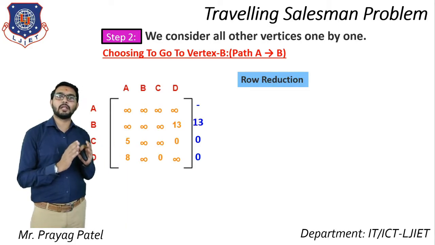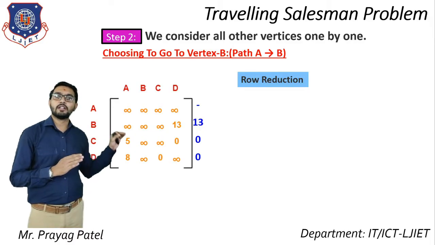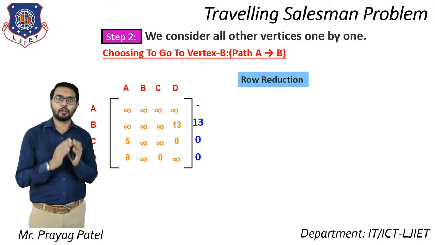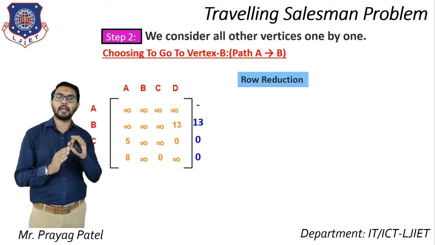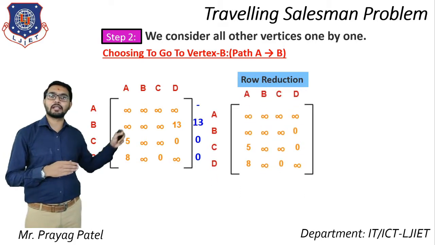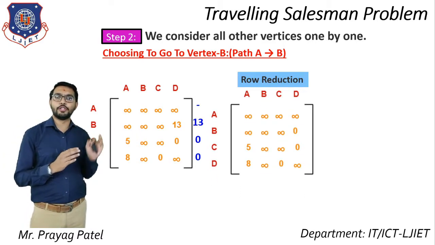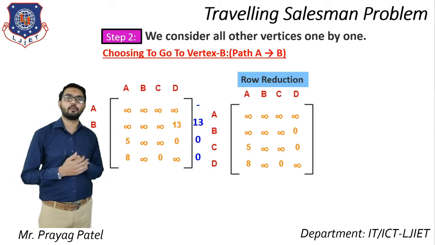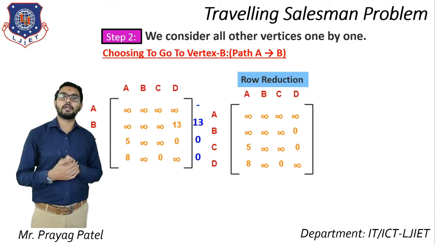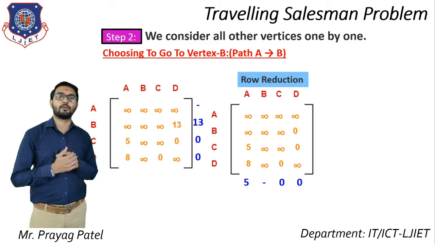Then after this reduction cost, subtract the value 13 from the second row, row B. So the resultant matrix has value 0 at location BD, because all remaining values are infinity. This is the row reduced matrix. Now perform the column reduction operation.